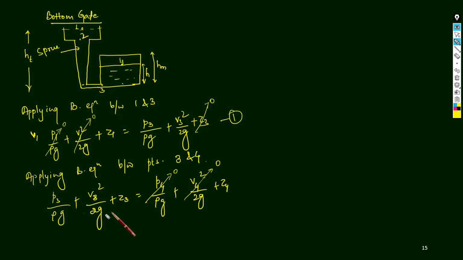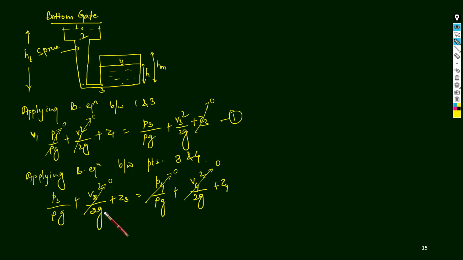So velocity at point 3 will be, because at point 4 it is nearby 0, all the points inside the mold cavity will have a similar type of velocity. So we can say that V3 is also 0.